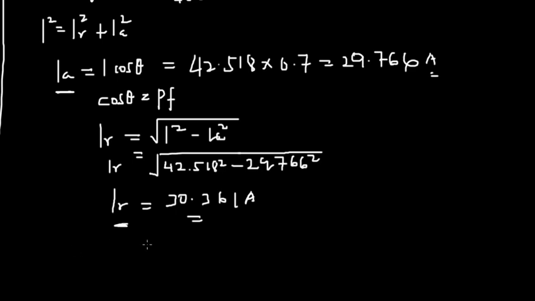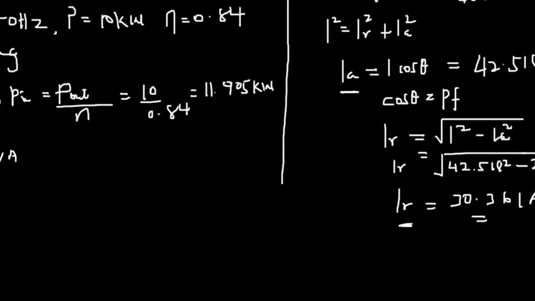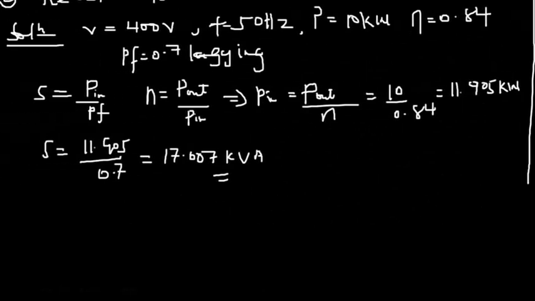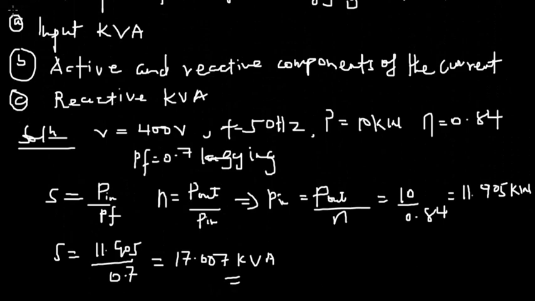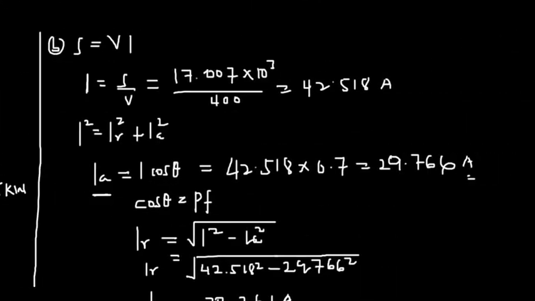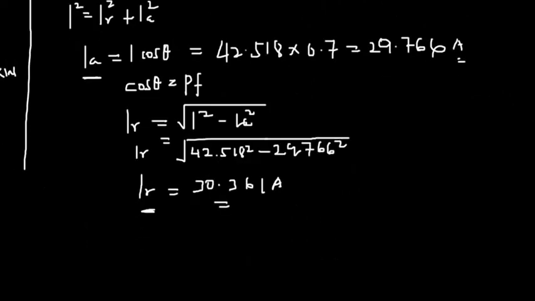Now let's move on to find the final question. So we have to find the reactive. First we calculated for the input kVA. Now we are calculating for the reactive kVA. So that's our Q value. Now let's see. You know that Q is equal to VI sine theta.